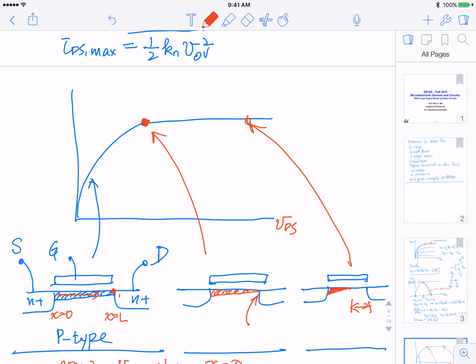The channel here, there are no electrons here. So it looks like the channel is interrupted. It looks like there's no charge to respond to current. However, in the transistor, the charge is being injected from the source. So even though it doesn't have electrons here, there are plenty of electrons to the left.